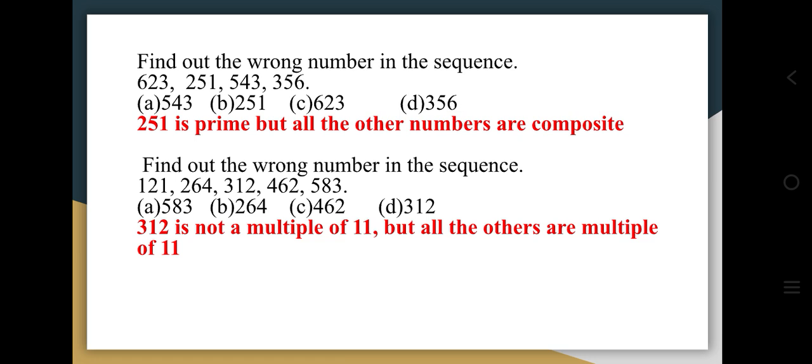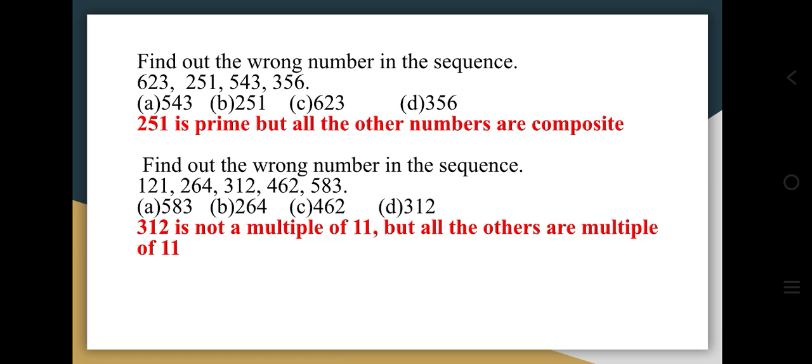If we are familiar with the nature of multiplication by 11, we can easily see that all the numbers are multiples of 11 except one. 121, 1 in the outer. If you add 1 and 1, we get 2. So 121 is a multiple of 11.